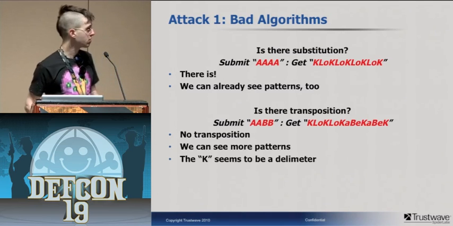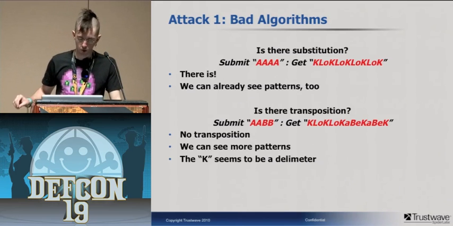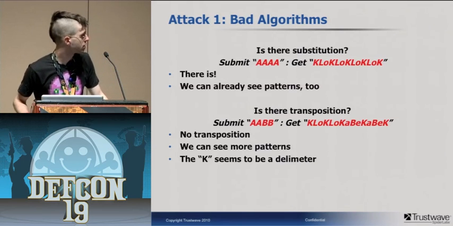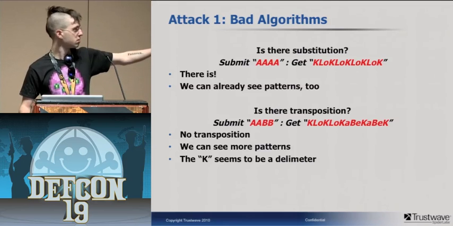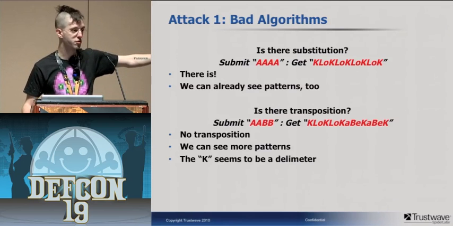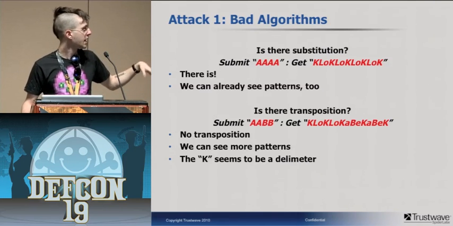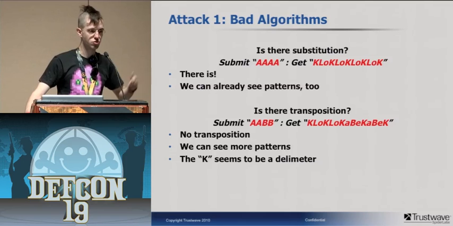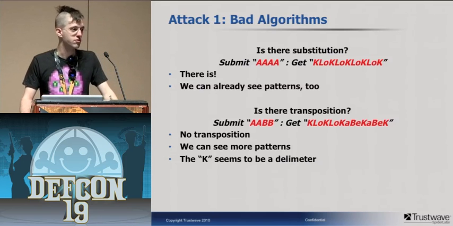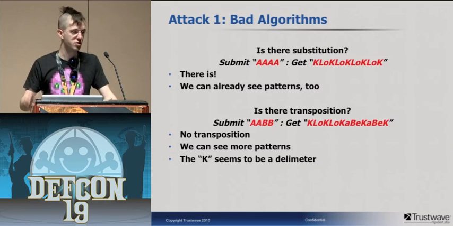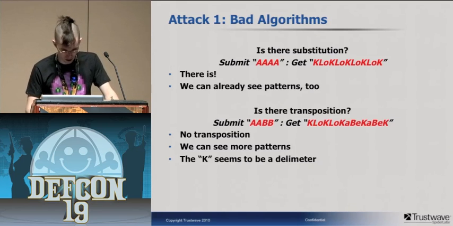The K also seems to be a delimiter. So one thing that you'll notice if you look at this, you can have different lengths with these characters. So the K is just standing in to separate characters so that even with variable lengths for the ciphertext version of different characters, anywho, let's move on.